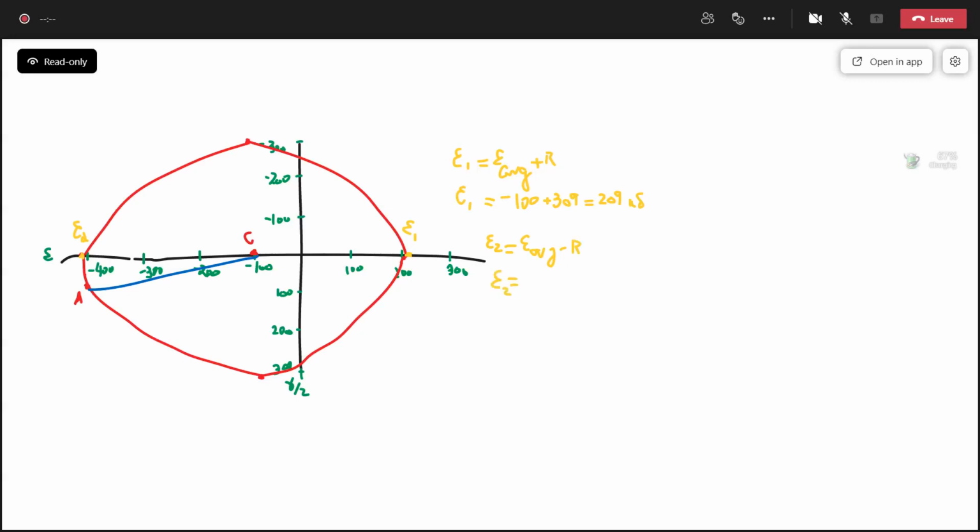So epsilon average is minus 100 minus 309. So this is minus 409. Clear ji? So this is your case in which one of the principal strains is positive and the other principal strain is negative.